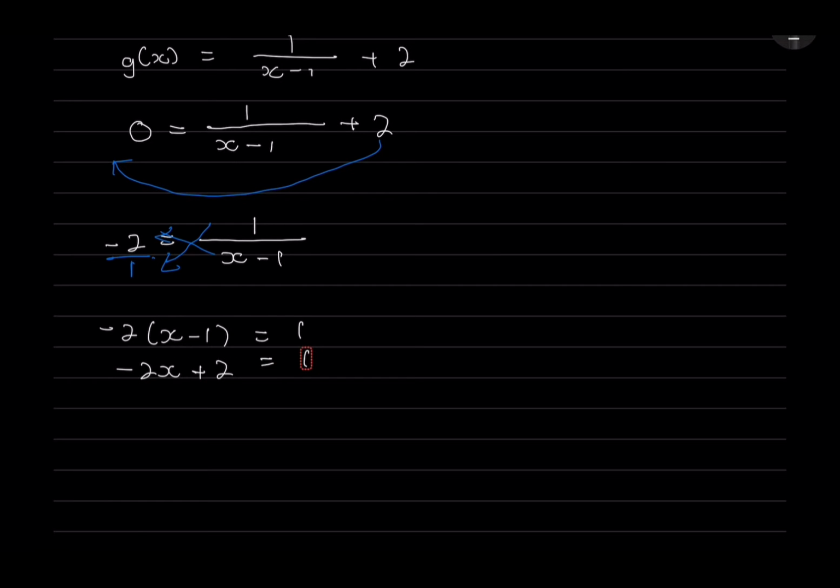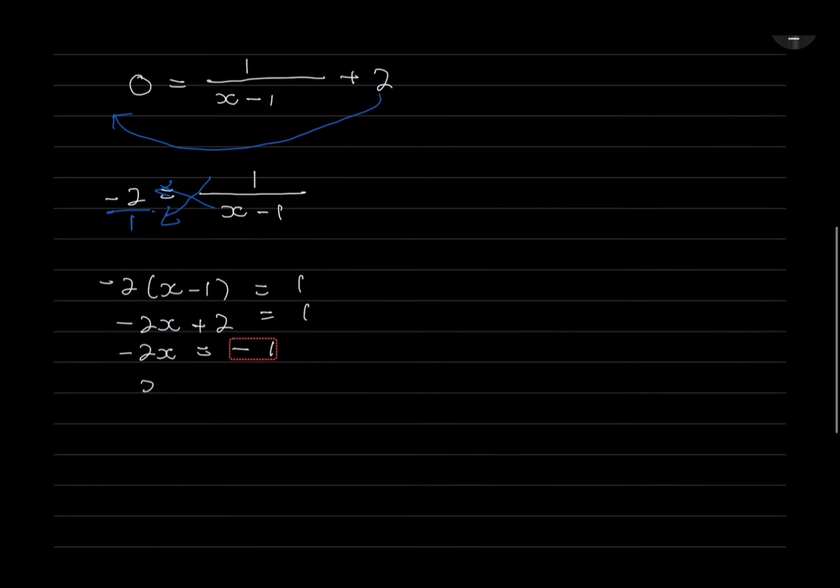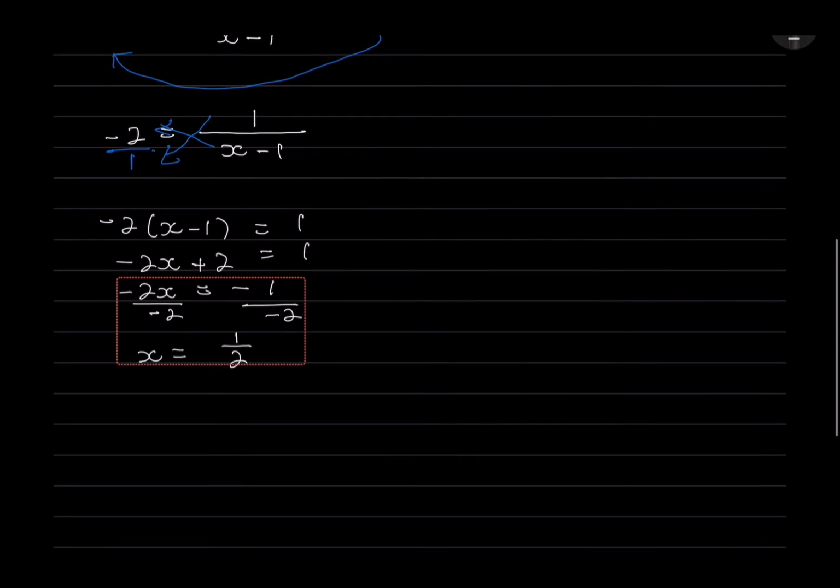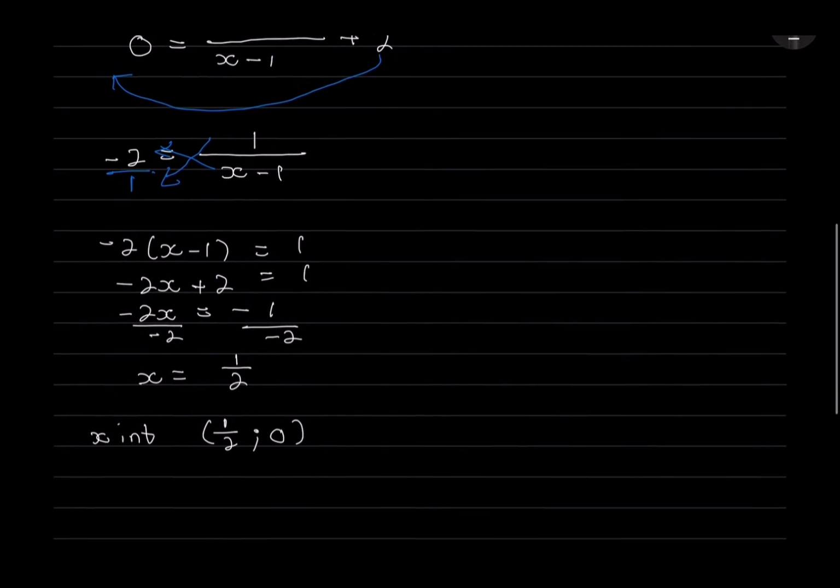Taking this to that side, we have negative 2x equals negative 1. Then we divide everything by negative 2, and we get x equals 1 over 2. So therefore, our x-intercept is at these two values. Okay, simple, right?